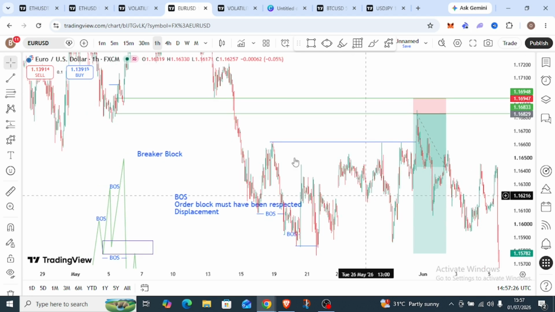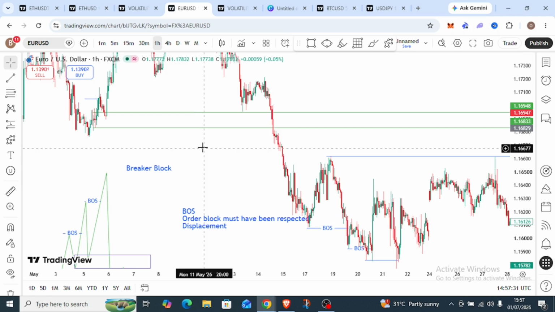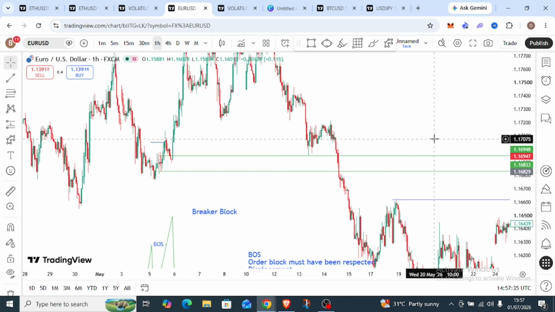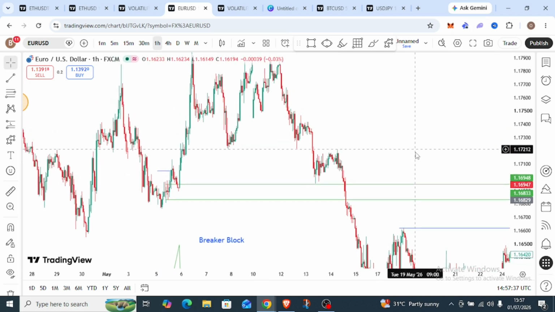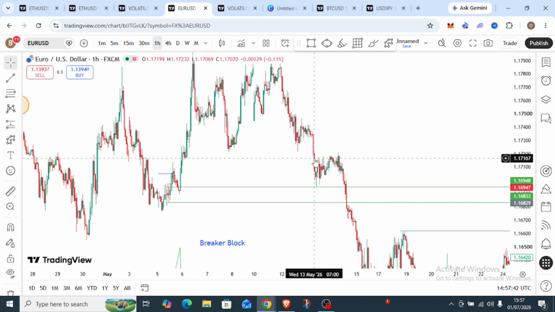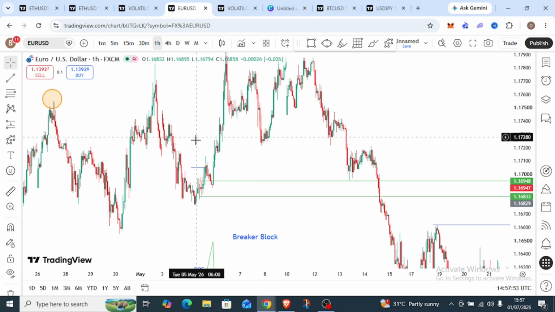So this is a valid break of structure. Remember, I told you earlier that every failed order block is not a breaker block. Just like this one now is not a breaker block, but this is a failed order block. Why? Because there is no respected order block here.